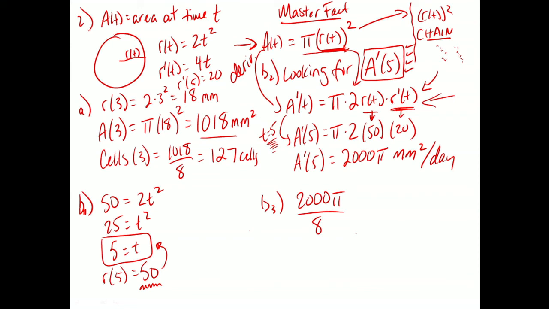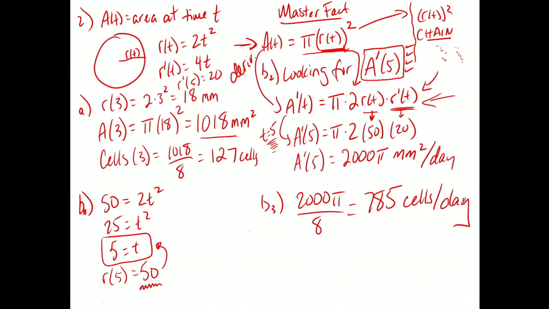So if I take 2000 times pi and then divide by 8, you get, rounding to the nearest cell, about 785 cells per day.